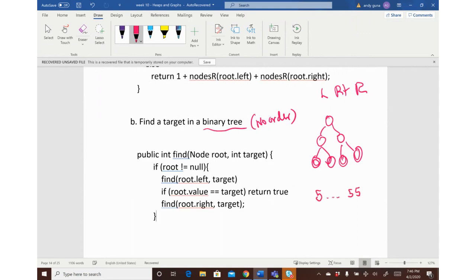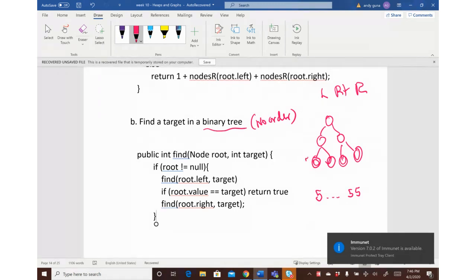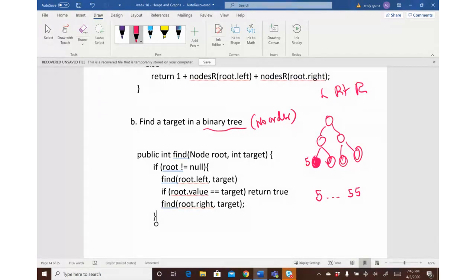So what are the values in the binary tree that are between 5 and 55? In this case, you have to do two searches. One is that you have to go through the binary search tree and find 5. 5 could be there, and the 55 could be here. 55 can be in the other tree. So you will find those two things.